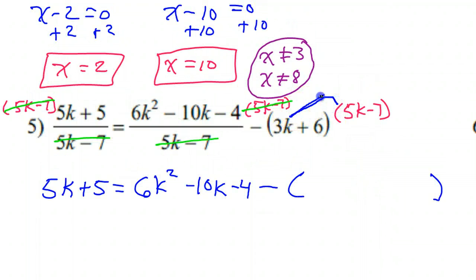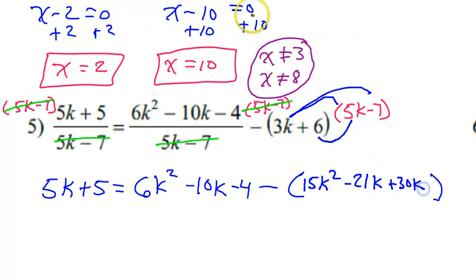So I'm doing this. 3k times 5k, so that's 15k squared. 3k times -7 is -21k. Now 6 times 5k is 30k. Need more space. And 6 times -7 is -42.